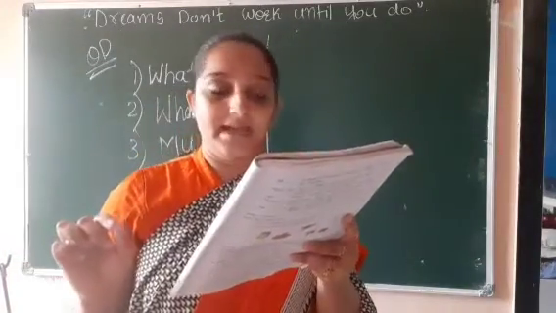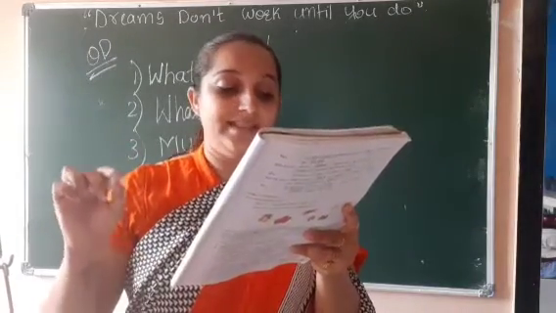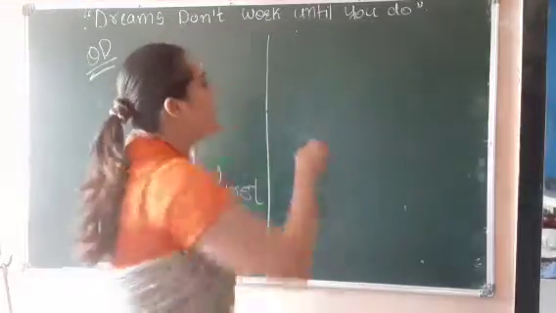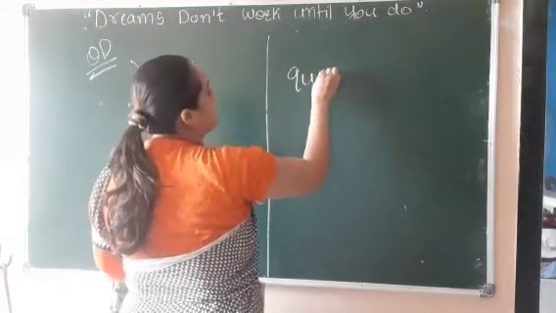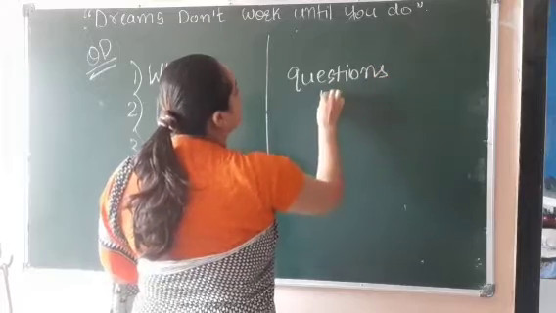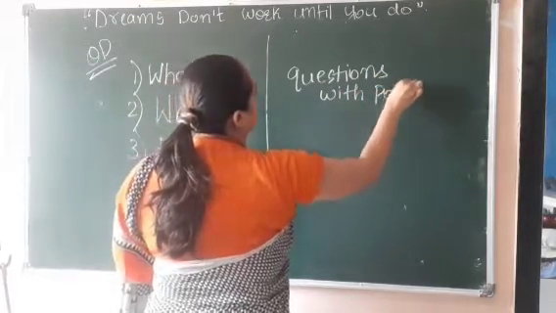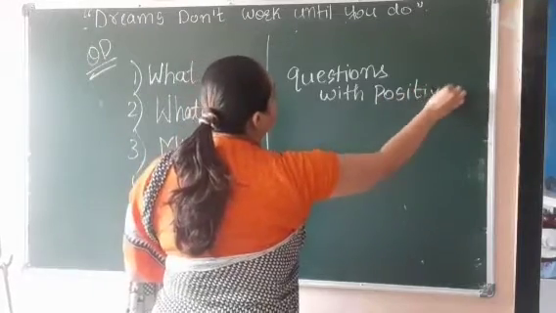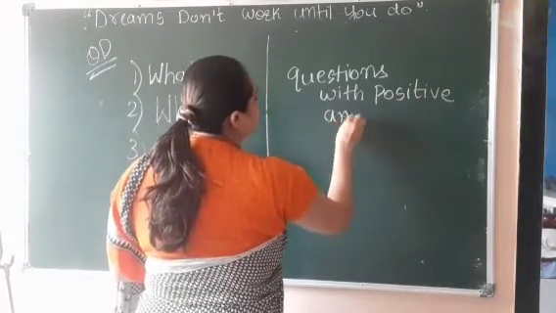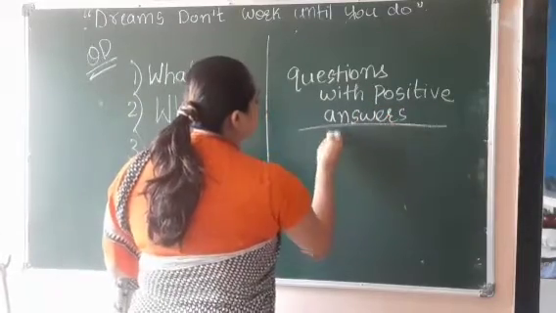Some is generally used in questions when the expected answer is positive. It is used in questions with positive answers, or in positive sentences you can say. So with that what is used? Some.